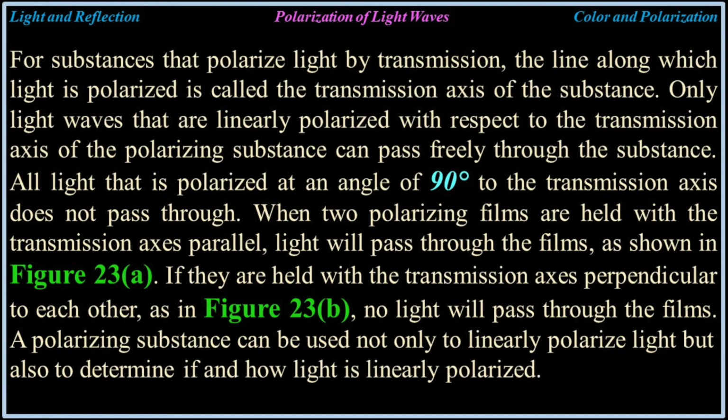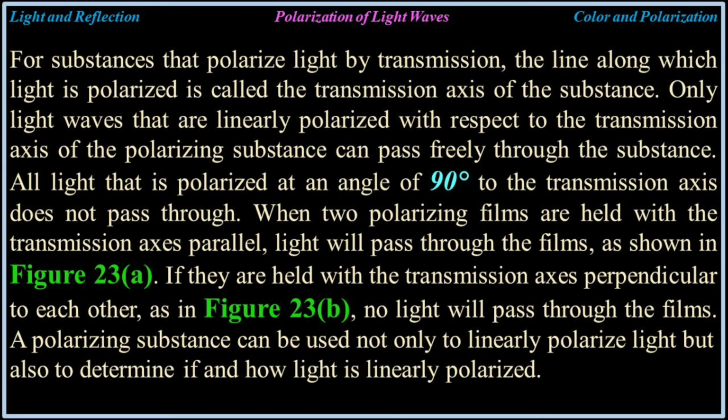Only light waves that are linearly polarized with respect to the transmission axis of the polarizing substance can pass freely through the substance. All light that is polarized at an angle of 90 degrees to the transmission axis does not pass through.